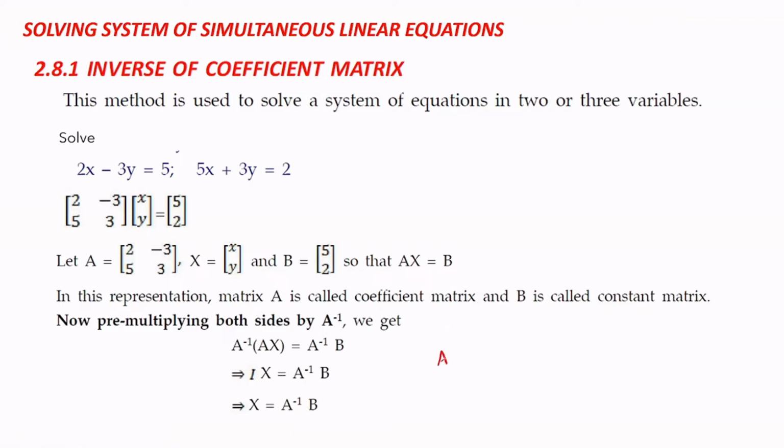A inverse is equal to 1 by determinant of A into adjoint of A. So using this formula we can find A inverse, and then when we multiply this A inverse with the constant matrix B, we will be able to find the variables x and y. This is with respect to the inverse of coefficient matrix method.